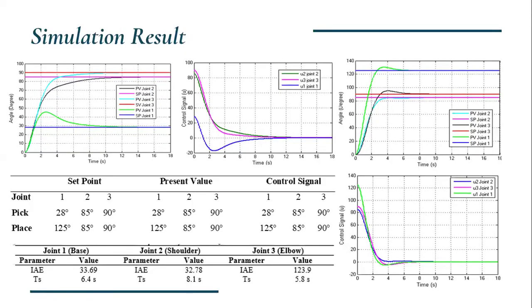Here is our simulation result. The figure of the response of the pick joint is in this picture, and this is the control signal. And this is the picture of the response of the place joint, and this is the control signal.